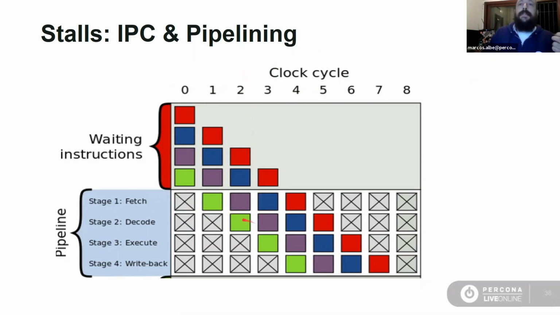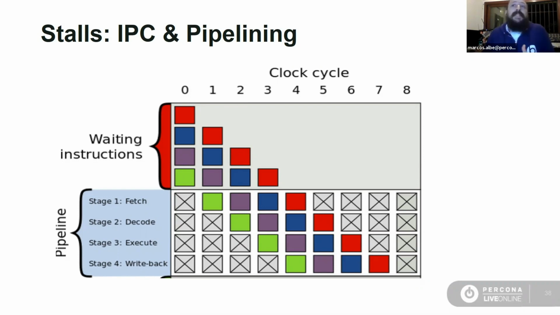And on the second clock cycle, I got the green instruction in the decode phase of the pipeline and the purple instruction in the fetch. And they are both executing in the same clock cycle. So this allows the CPU to save a lot of time and to make better use of the resources of the CPU.